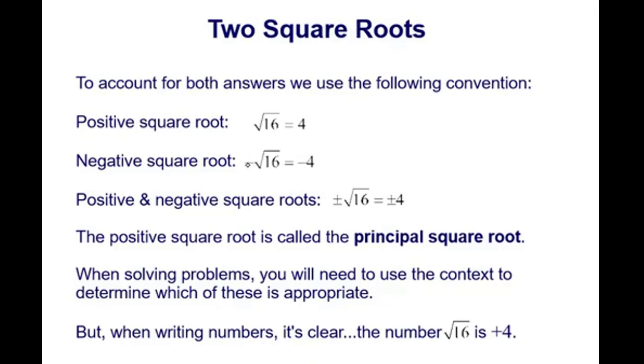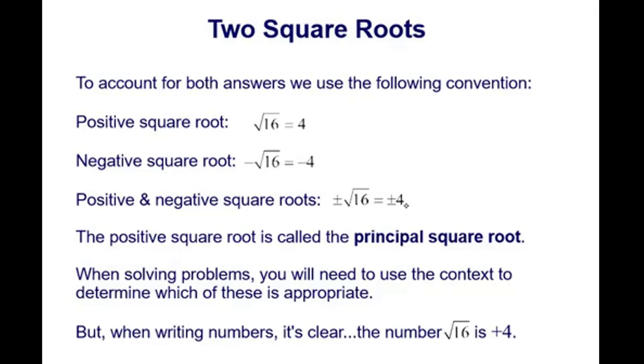So when we say negative square root of 16, that indicates the negative square root, so that would be negative 4. Now if we want both, outside of the radical symbol, we're going to put the plus or minus symbol. That will tell us to do the positive and negative square roots. So plus or minus the square root of 16 is equal to plus or minus 4. That would indicate both answers.